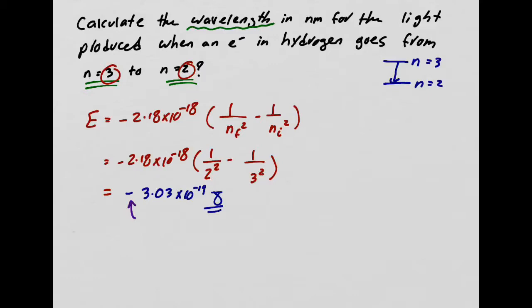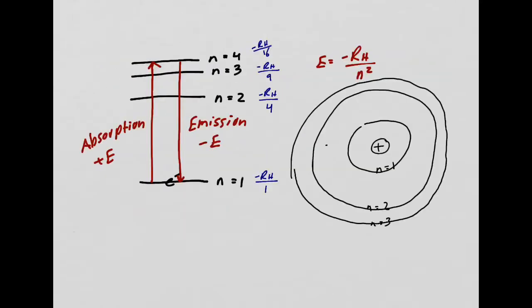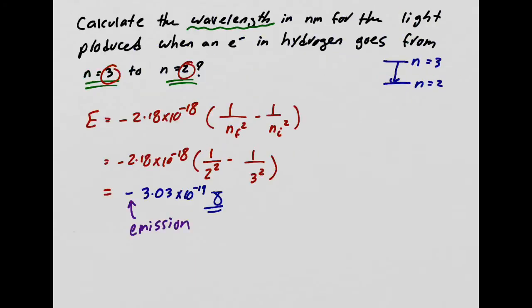The minus doesn't really mean anything except it's telling me that this is emission. Because remember, when we go up, the absorption, the energy is positive, because positive means I require energy. And when you're coming down, you release that energy and that means the energy is going to be negative. So here, I got a negative energy, which just means that this is emission. That's the only thing it means.